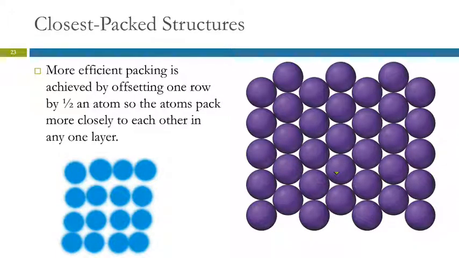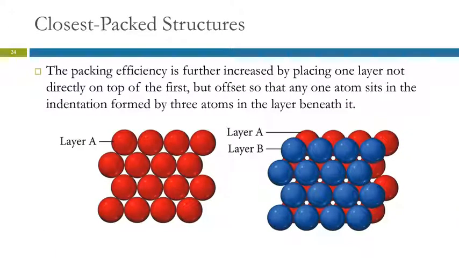So this is more efficient in the single layer. And so these structures that use layers like this are called closest packed structures. So here's our first level in the red. And then the second one, we have a choice of how we line this up.